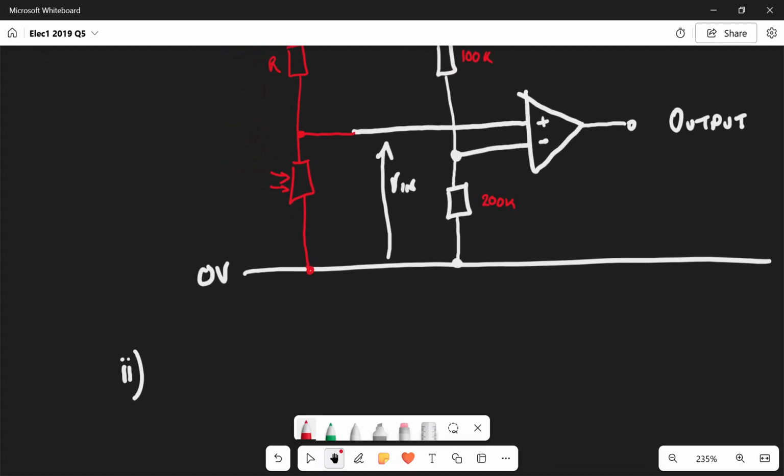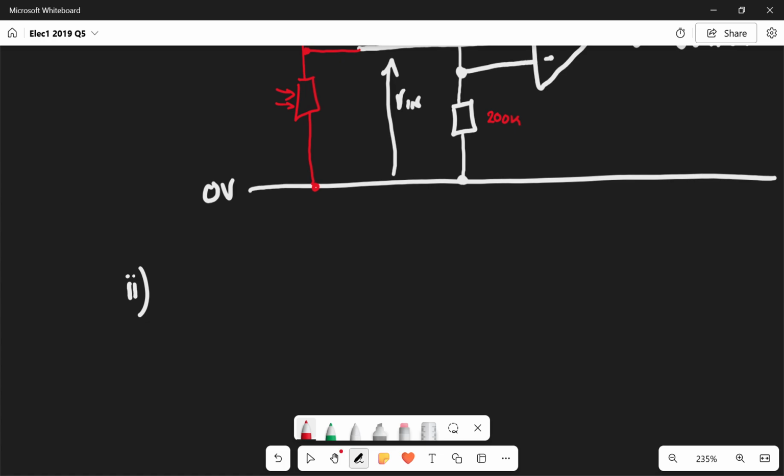So what we can do is use ratios, and we can use an equation which is the voltage, and in this example it's going to be Vin, is going to be the resistance of the bottom resistor value divided by the total resistance, and then multiply it by the voltage of the supply. And this gives us an answer of 8 volts.